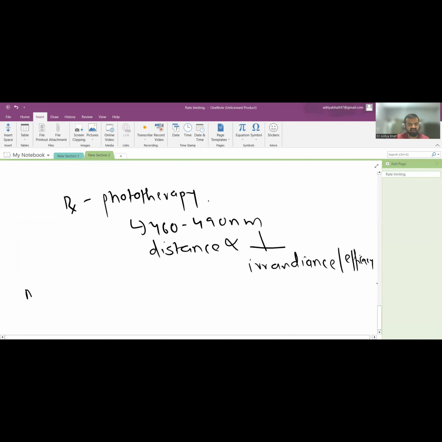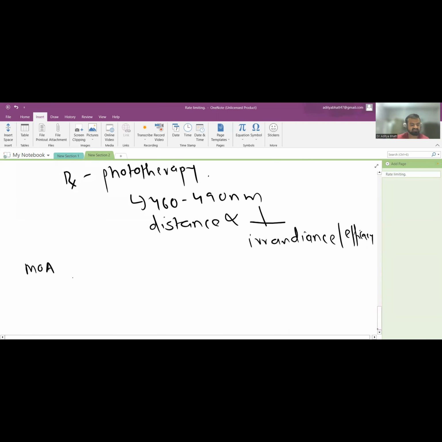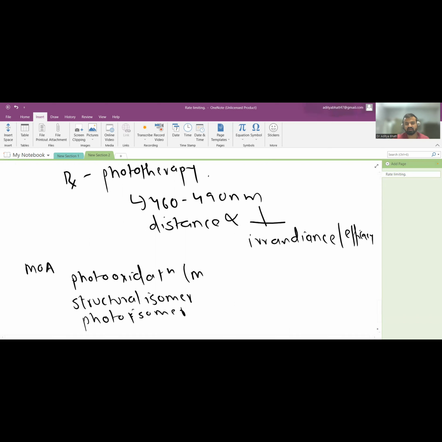What are the methods of action via which phototherapy acts? There is photo-oxidation, structural isomerization, and photoisomerization. Photo-oxidation is the minimal activity; it is the least active component in which phototherapy works.